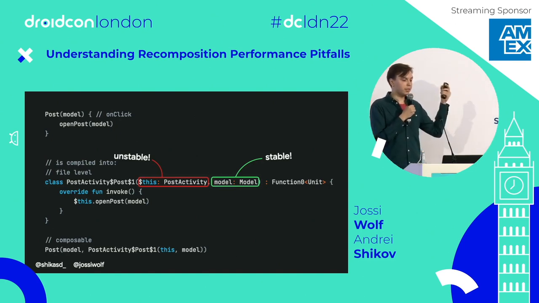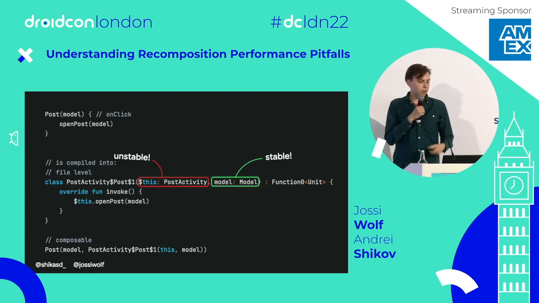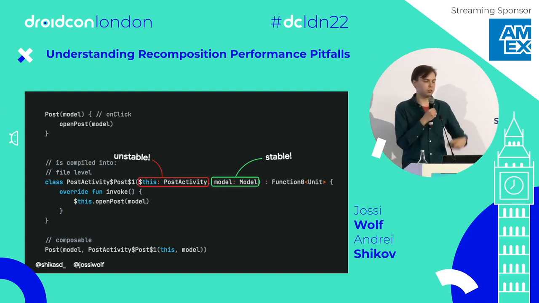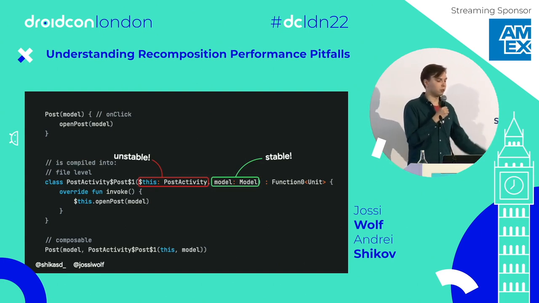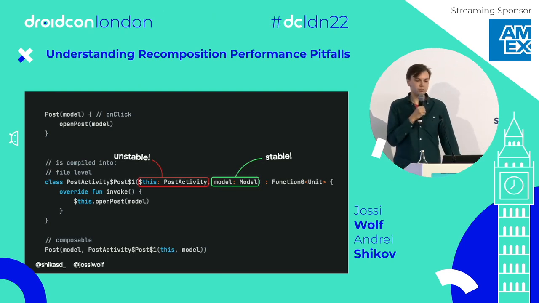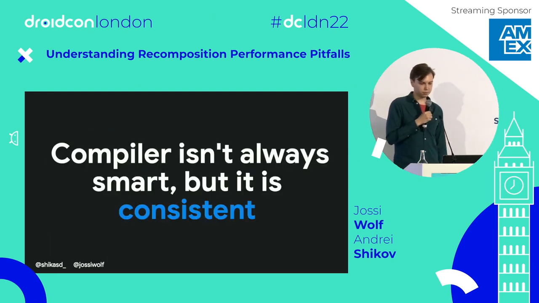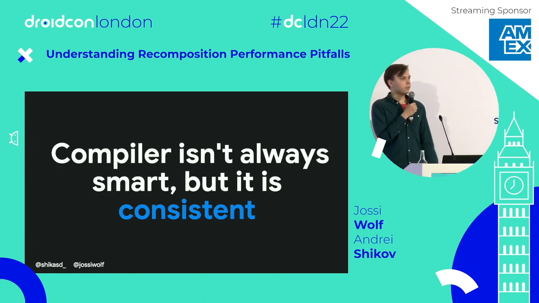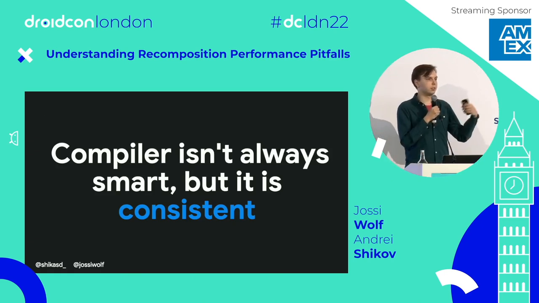And because the post activity is unstable, as most activities are, in this case we never apply this optimization, and we'll never skip this function. We'll go back to square zero, where we were in the beginning before we applied all optimizations to the model, and we'll be re-executing all the posts just because the lambda instance is different, which is not great. So the thing to know here is that the compiler is always smart, and it's always getting smarter.